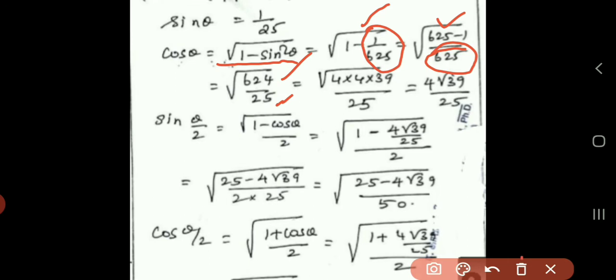This 624 can be written as 4 into 4 into 39. Out of this, I can take one 4 out of the square root, so that here we have 4 root 39 divided by 25. So this is the value of cos theta.